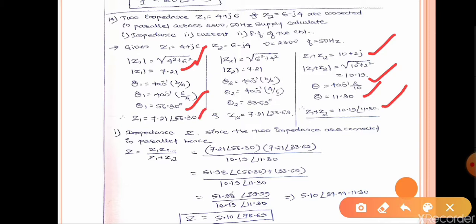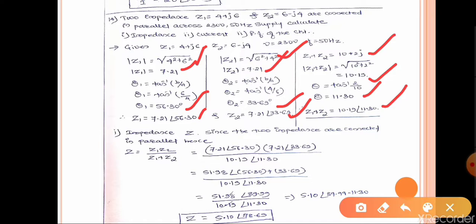Next, Z2. The magnitude of Z2 equal to square root of 6 square plus 4 square, you get 7.21. So theta 2 equal to tan inverse of 4 by 6. So theta 2 equal to 33.69. So you will get Z2 equal to 7.21 at an angle 33.69.